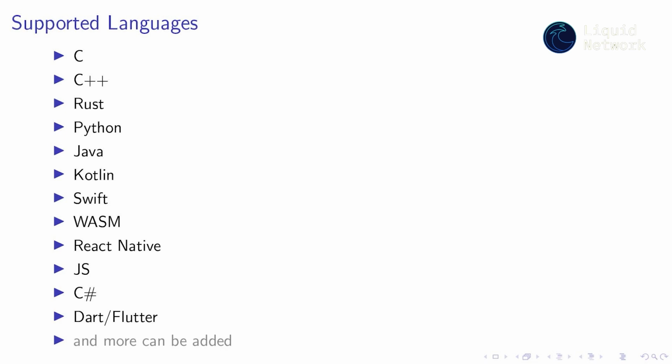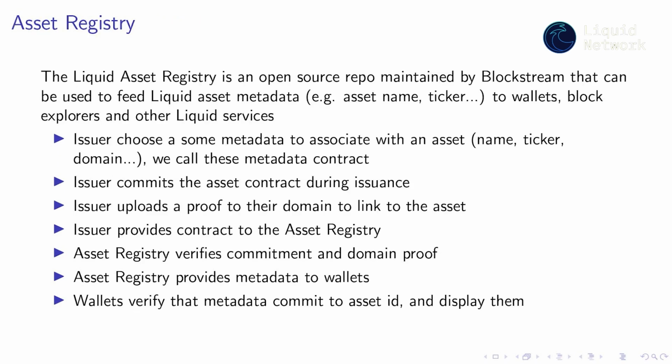Now, I will talk briefly about the asset registry. When you issue an asset, as you saw, it is identified by a 32-byte string. That's a good identifier if you're a computer, but if you are a person, it's not.